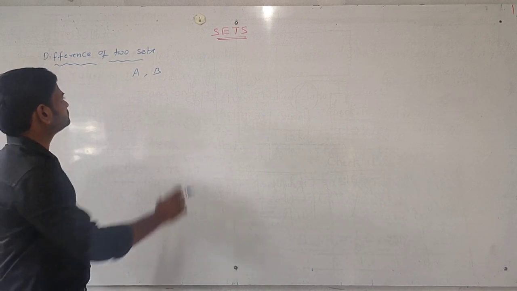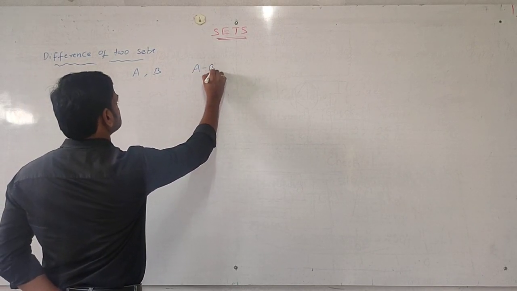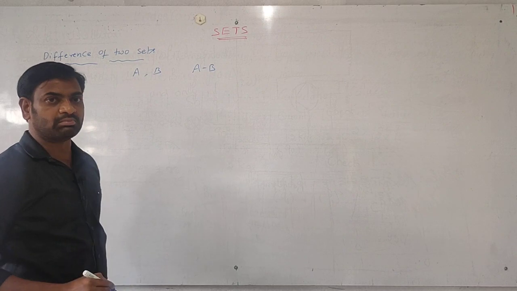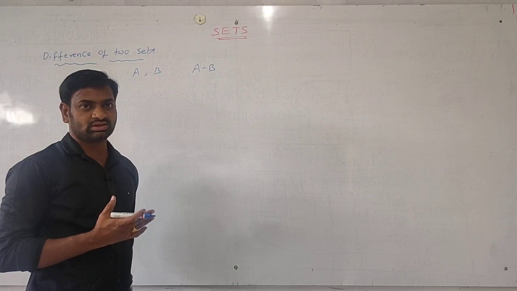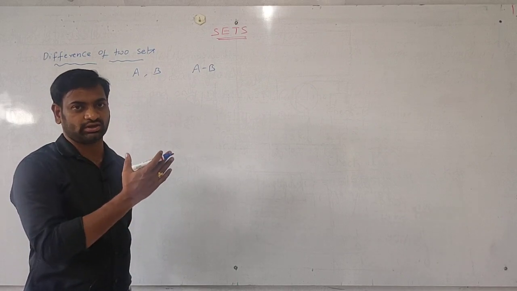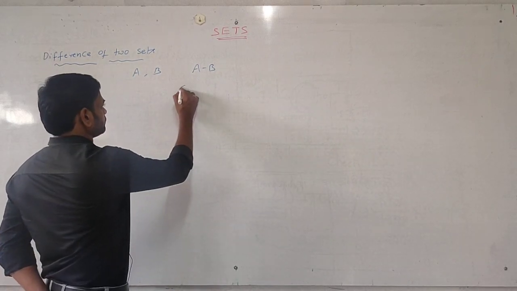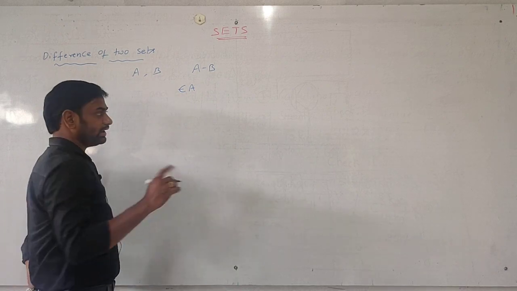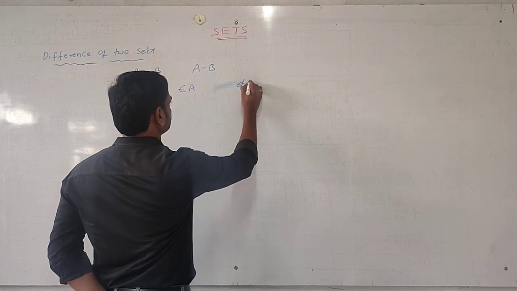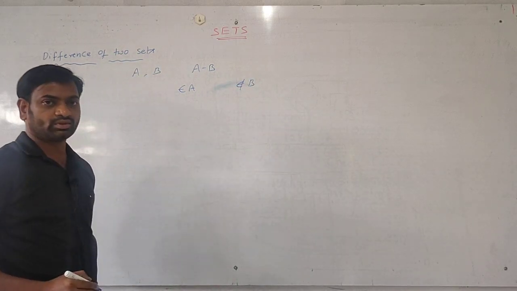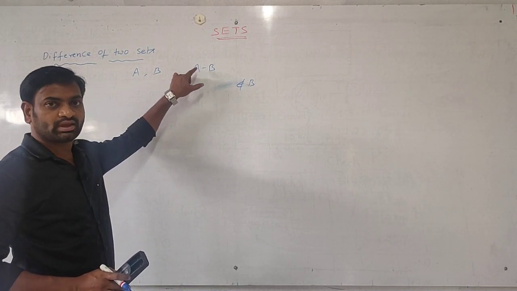The difference of these two sets is given by, difference means minus, A minus B. A minus B means the elements which belong to A and do not belong to B.